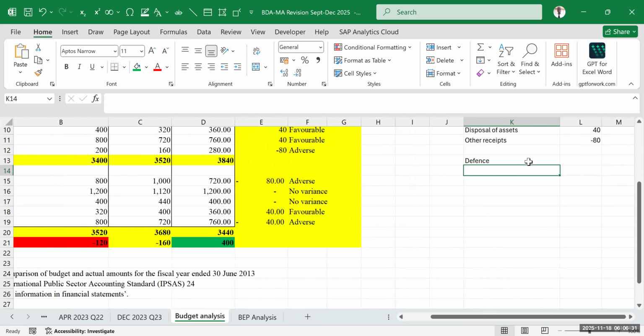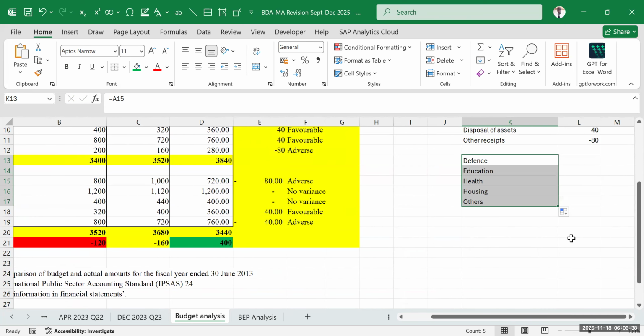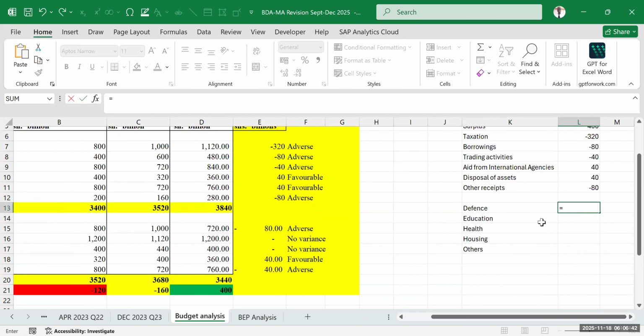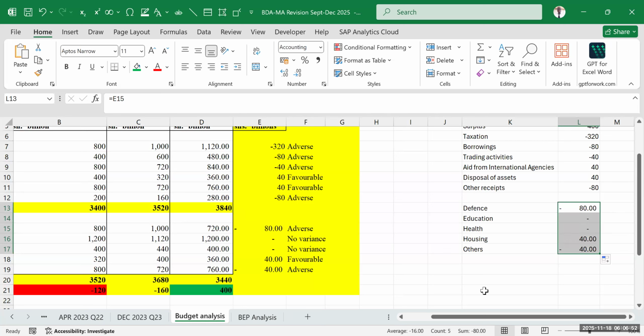I refer to the first one, then the remaining ones, I just pull them down up to others. Then I also bring the realities we've realized per line, and I refer to the variances. I refer to the first one, then I pull the rest to the end.